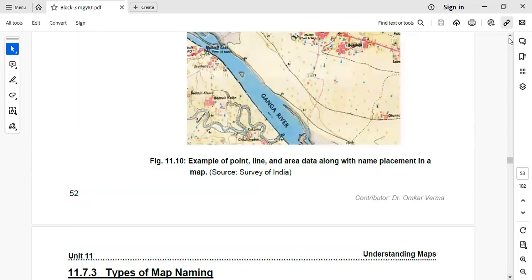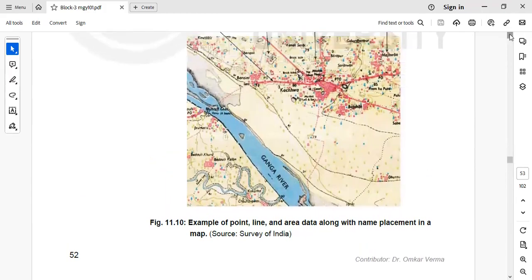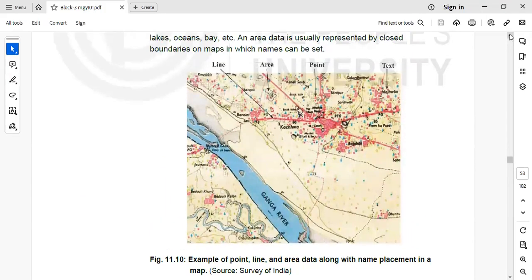So here in a map, there are three types of features shown. Number one is the point features. Here you can see this is a point feature. The point feature can be the name of a place. We have line features, linear features, and it can be a river or a road.